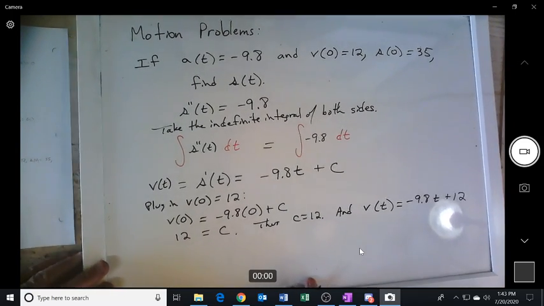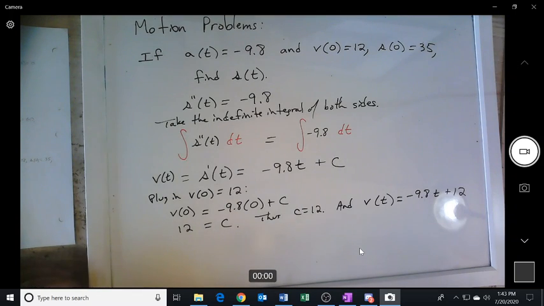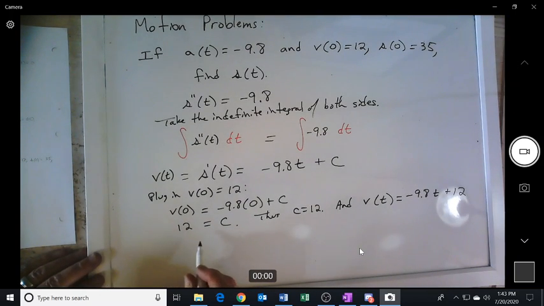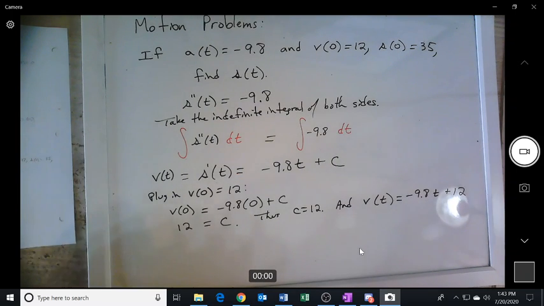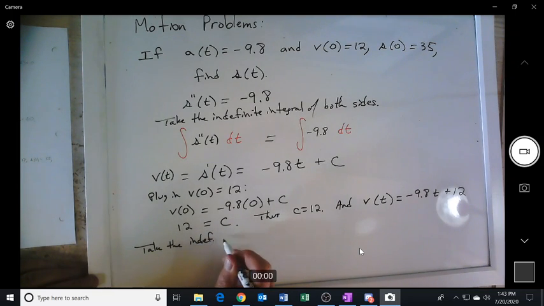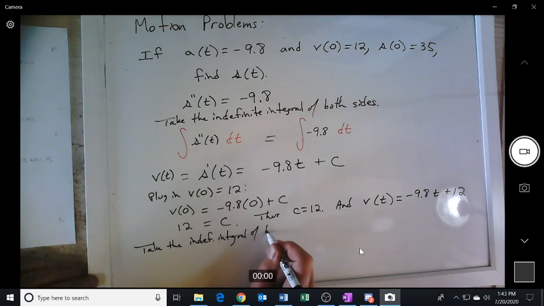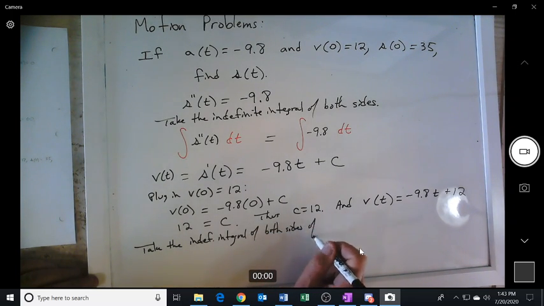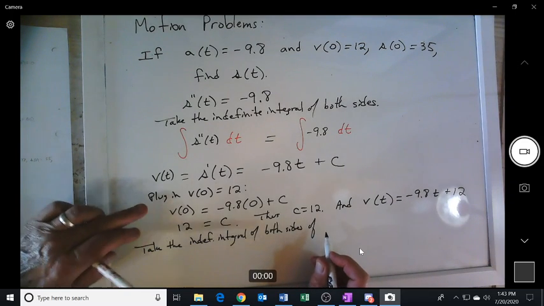Now, let's go backwards one more time. Take the indefinite integral of both sides of the velocity.